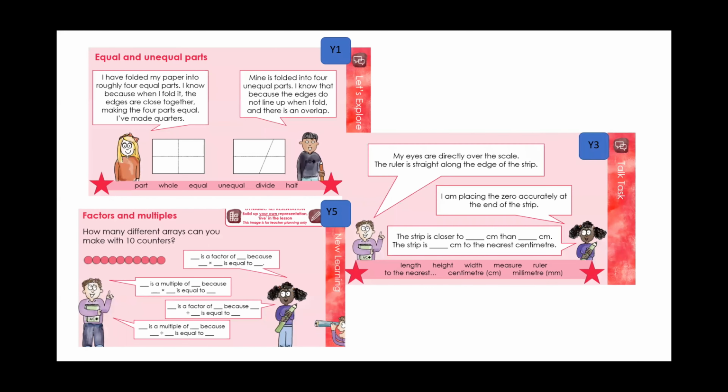STEM sentences are used to ensure the use of mathematically accurate language, to avoid misconceptions, and to explain your own expert mathematical thinking. They're used to support children to recognise what is known and what is unknown, and build connections between different mathematical concepts because they give structure to mathematical thinking.